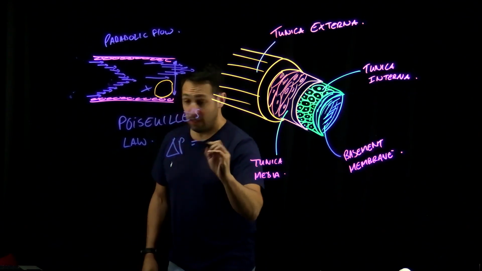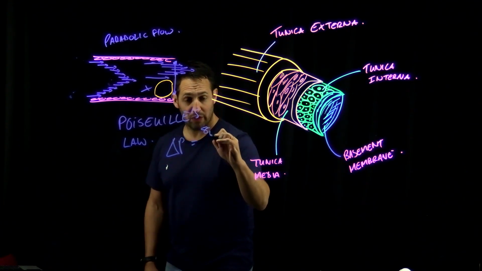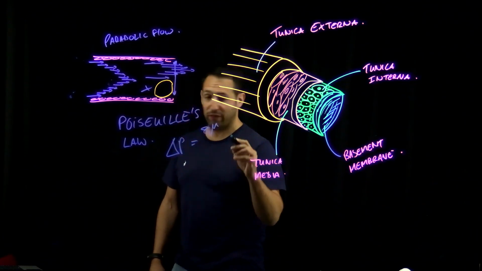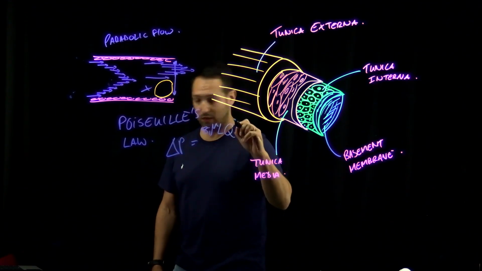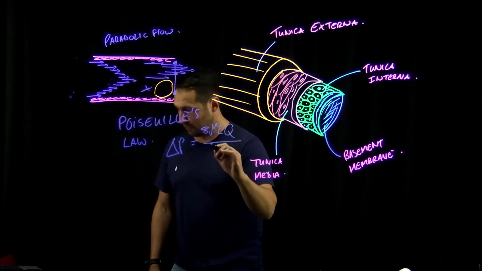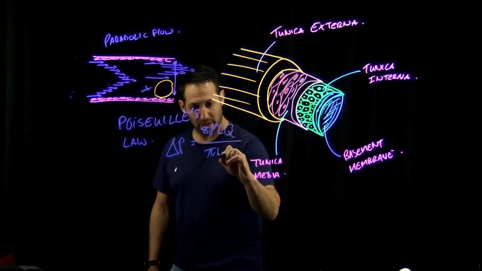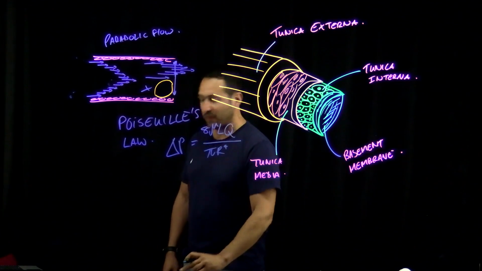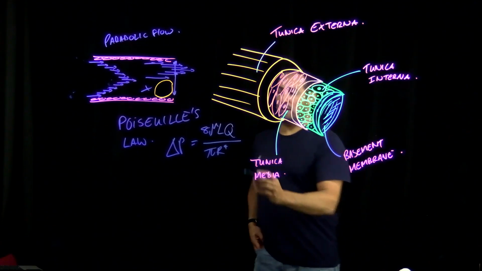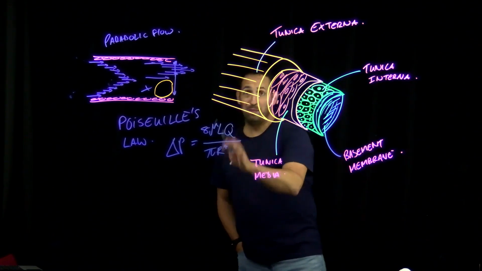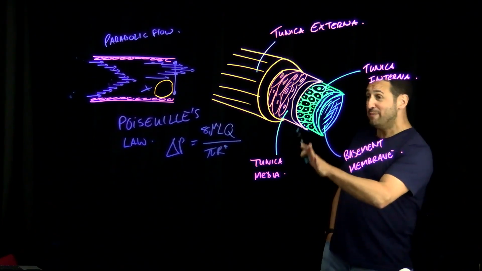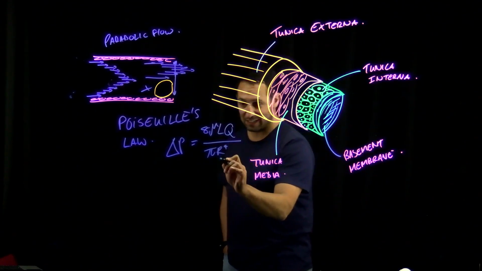Delta P equals 8 times the viscosity of the fluid times the length of the vessel, divided by pi times r to the power of 4. Now, the really important thing about this equation is this.